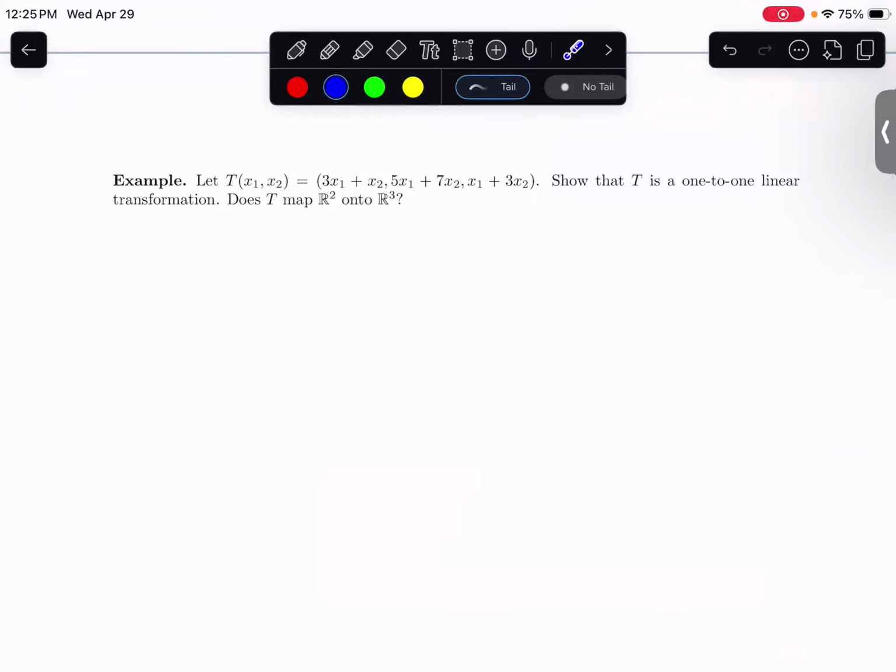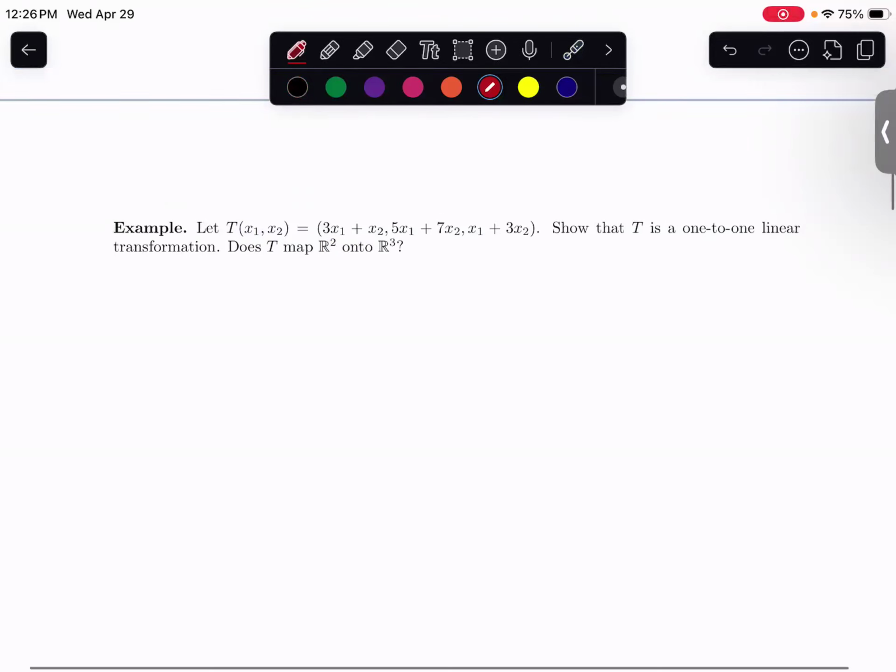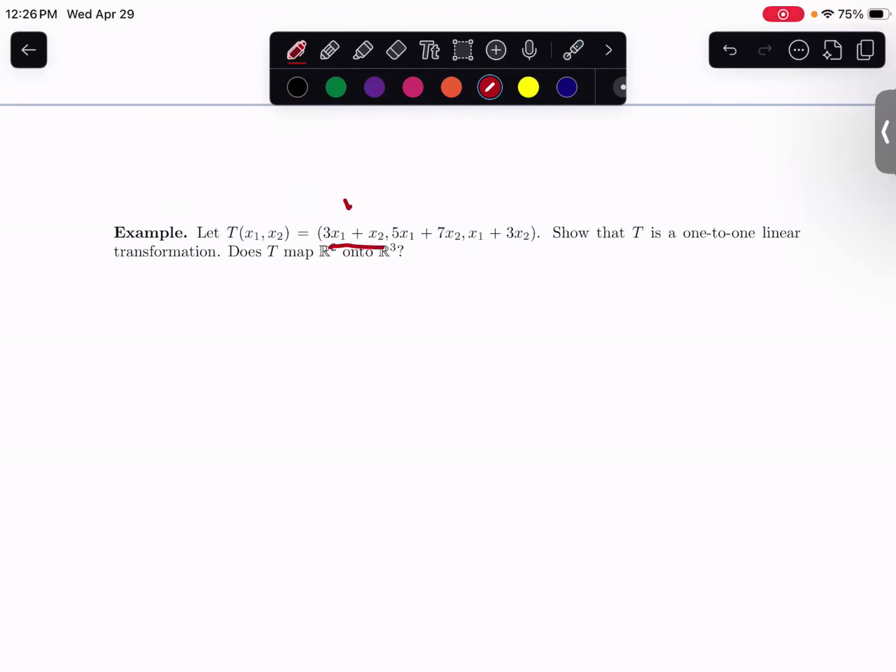This time we're taking some vector space that has two basis vectors, x1 and x2, and we're sending it to something that's going to be three-dimensional, from the fact that we have three components here. So you should be thinking we have one component, this is V1, another component, this is V2, and another component, this is V3. So this is living in R3. So we're sending something in R2 into something that's going to be in R3.